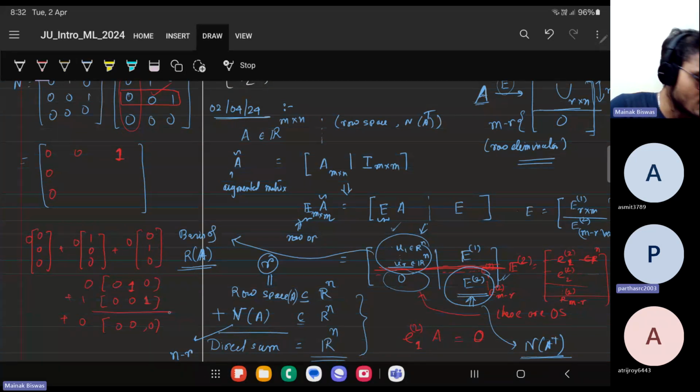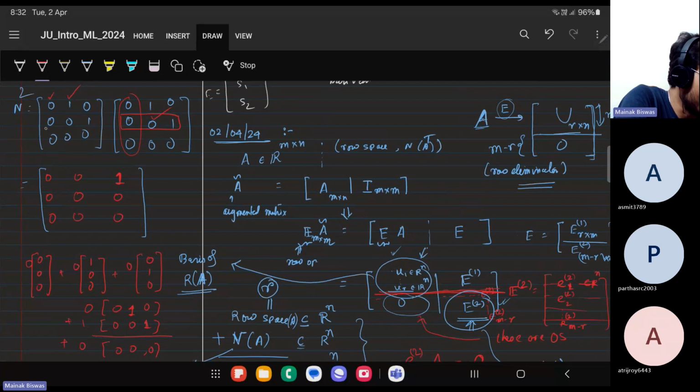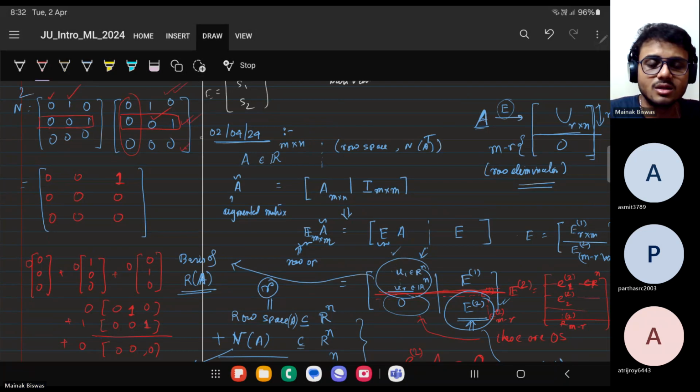Just this remains. Similarly, for the others, it will become 0. You can check. See the second column. If you multiply the second row, first row becomes 0, second row becomes 0, third one is already 0, right? And you add them. Similarly, the third column is all zeros.